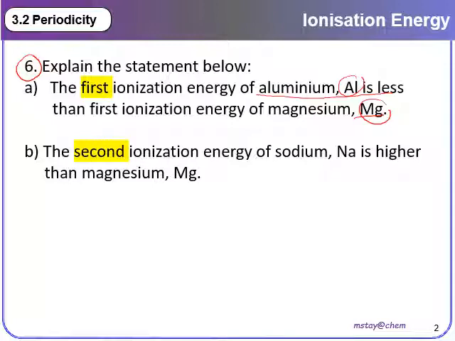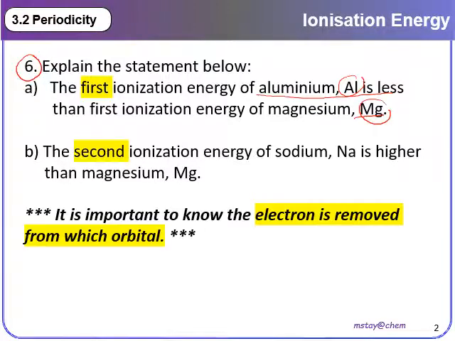Before we can answer this question, we have to know what factors we can use to explain. By understanding the ionization energy, we need to know which orbital the electron is removed from. Also keep in mind that there are anomalous cases in ionization energy.